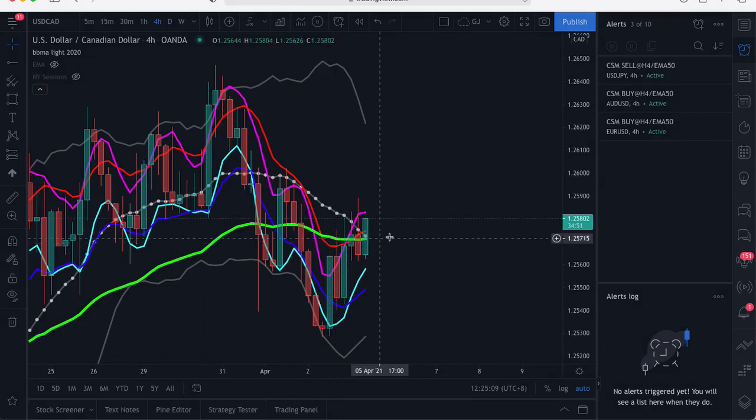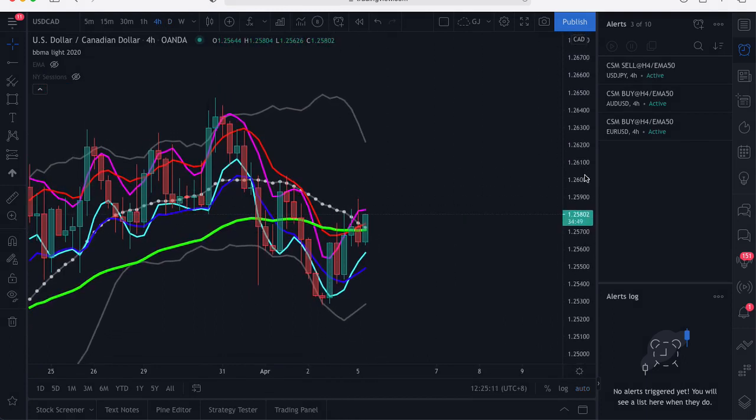And on H4, however, we can see that price is making a CSAK sell after CSM buy, and it does make a CSM sell here. So this is a re-entry sell. So this sell setup is a valid sell.